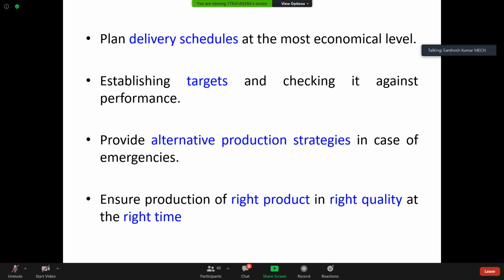The next thing is establishing targets and checking them against performance. Every department has some targets. Okay, so this month you have to fabricate or machine this many components. If you go to any internship and observe industry, generally people can be very lazy sometimes.